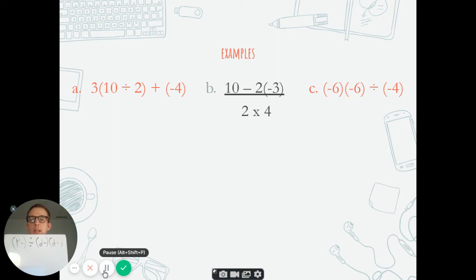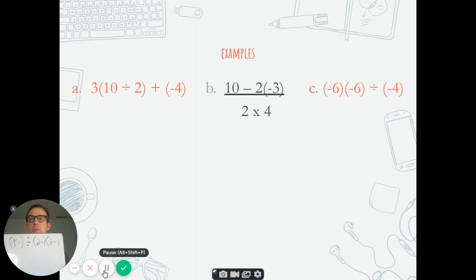So negative 6 times negative 6 is positive 36. Now we're going to divide positive 36 by negative 4. When you divide a positive by a negative, you get a negative. So positive 36 divided by negative 4 is equal to negative 9.